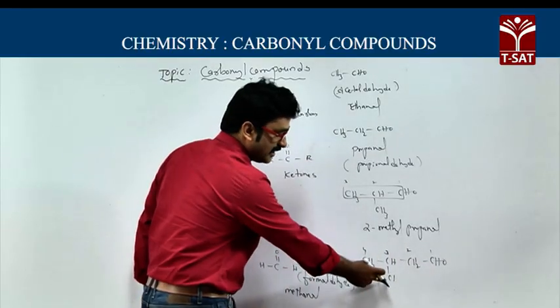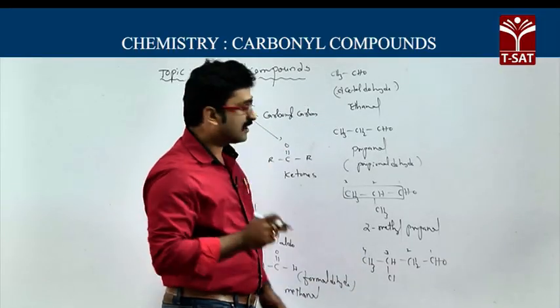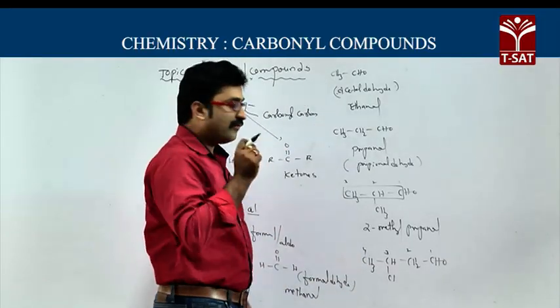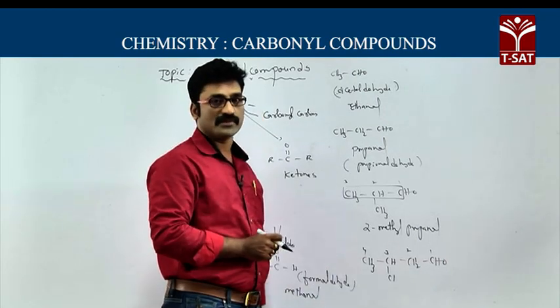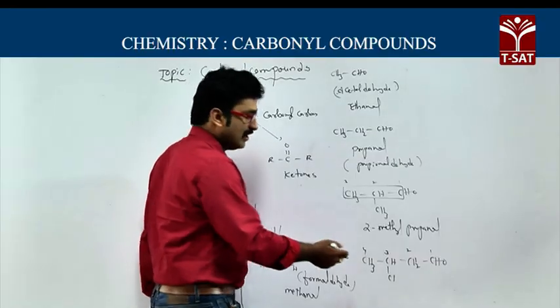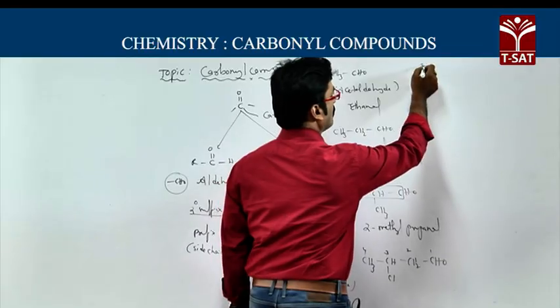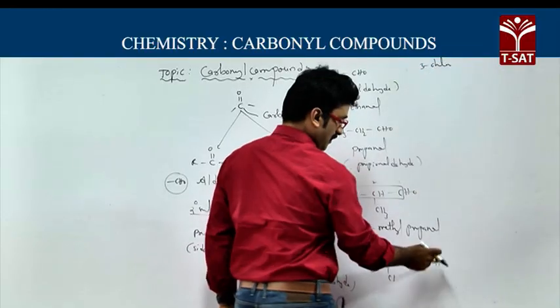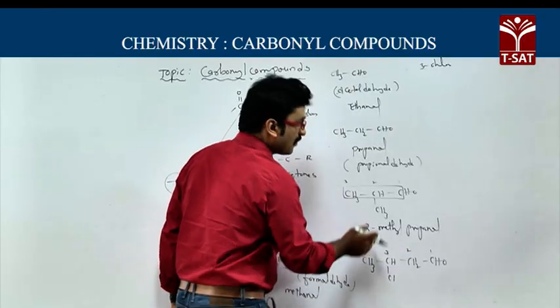And here the substituent or side chain is chlorine, and it is present at the third carbon. Whenever you are writing the IUPAC name of an organic compound, first of all you have to write the name of the prefix, the side chain. So here its IUPAC name is 3-chloro. 1, 2, 3, 3-chloro, and here 1, 2, 3, 4 carbons are there.